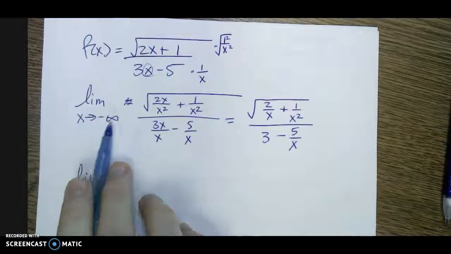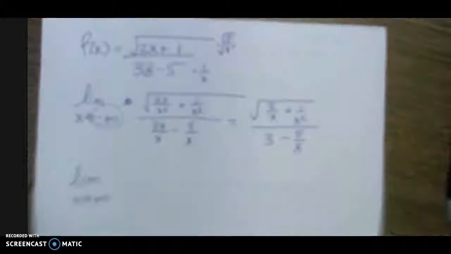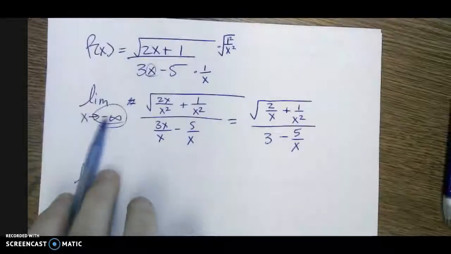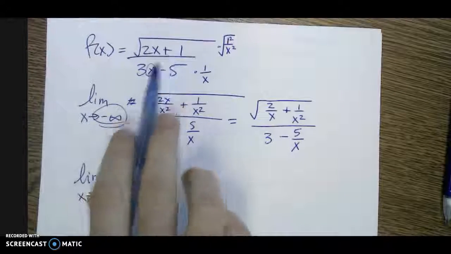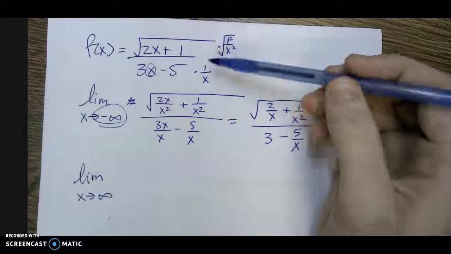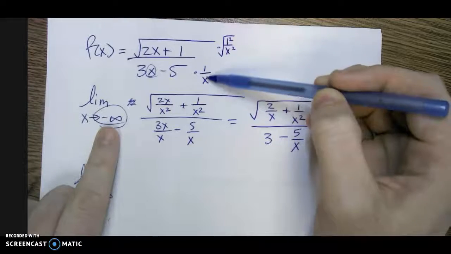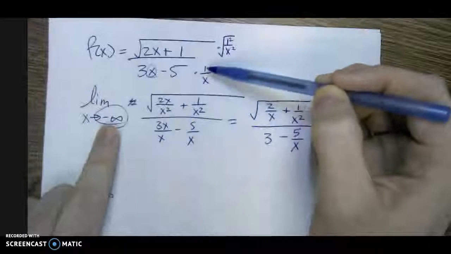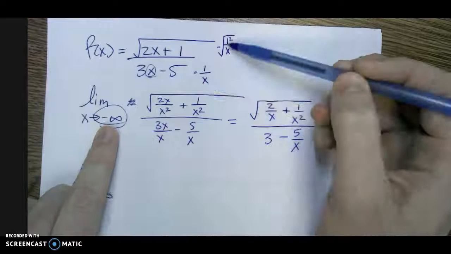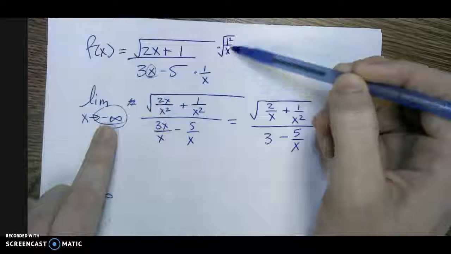Whenever you have a square root and a negative infinity, there's one more thing you have to think about. When you're plugging in negative infinity, this is a negative number. So when I multiply by 1 over x, right here, I'm really multiplying by a negative. And since I'm multiplying the top by this negative as well, the negatives undo each other.